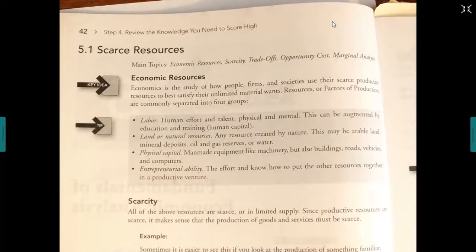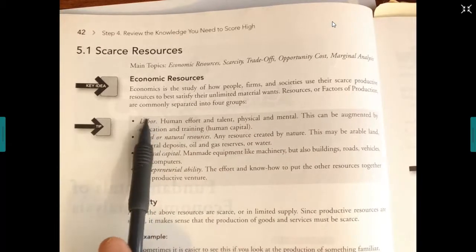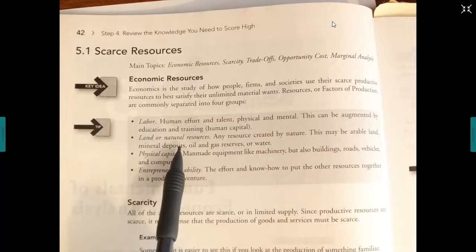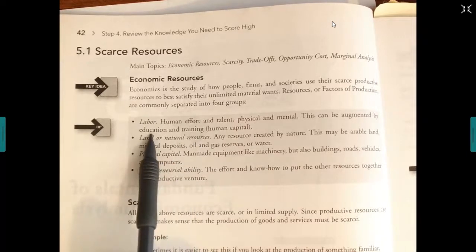You can think of it as McDonald's or Domino's or whatever. Even the school does this. We have teachers, our laborers here, the land and the natural resources that are there. You have the physical land that the building is on.